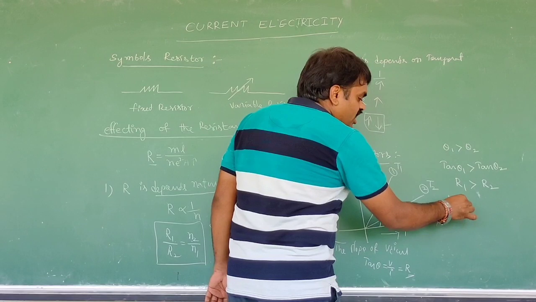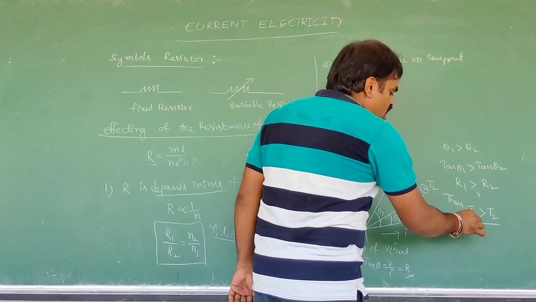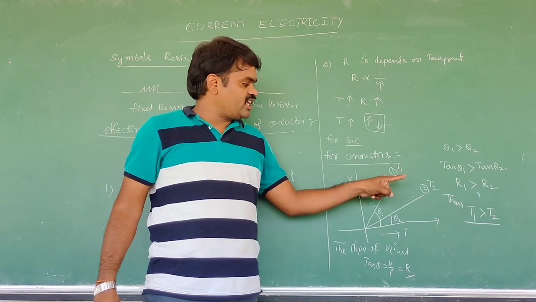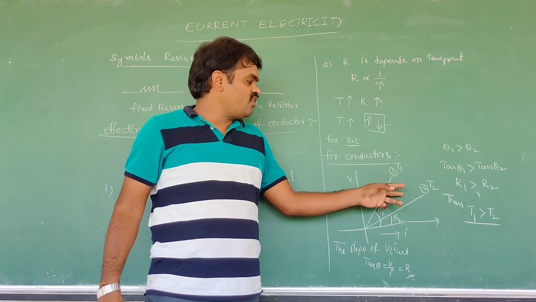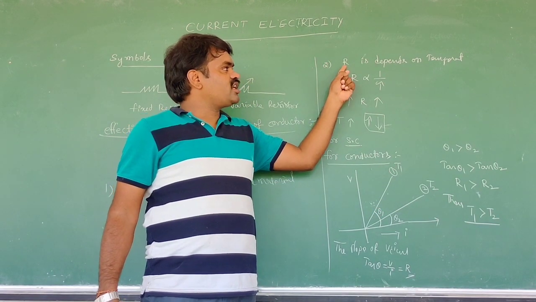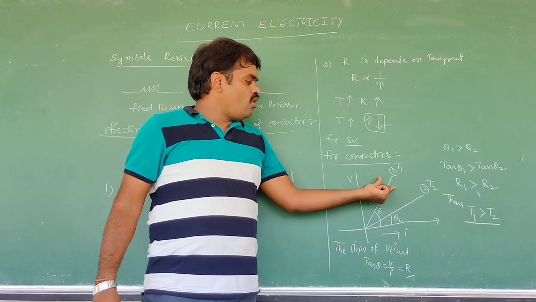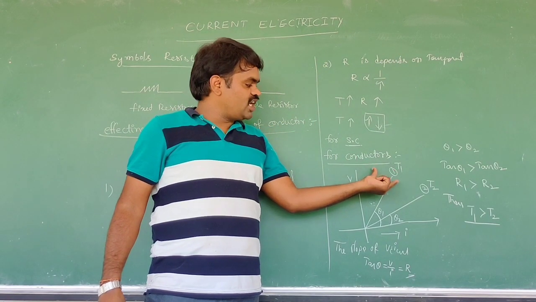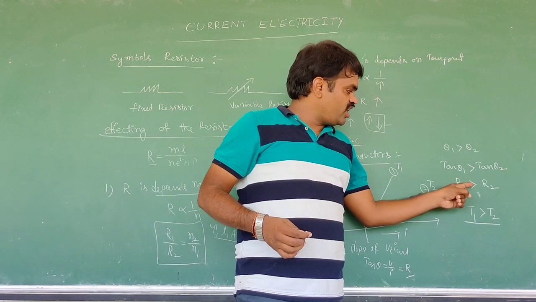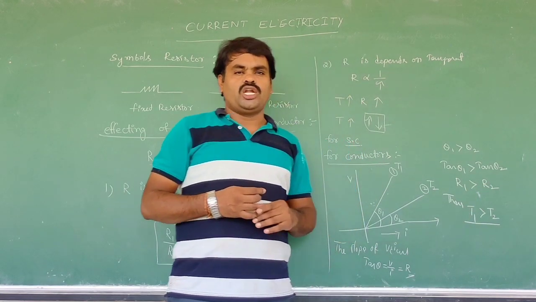Then temperature T1 is always greater than T2. The resistance of a conductor depends on temperature, and the conductor at a higher temperature has the higher resistance. That's why R1 is greater than R2, then T1 is greater than T2.